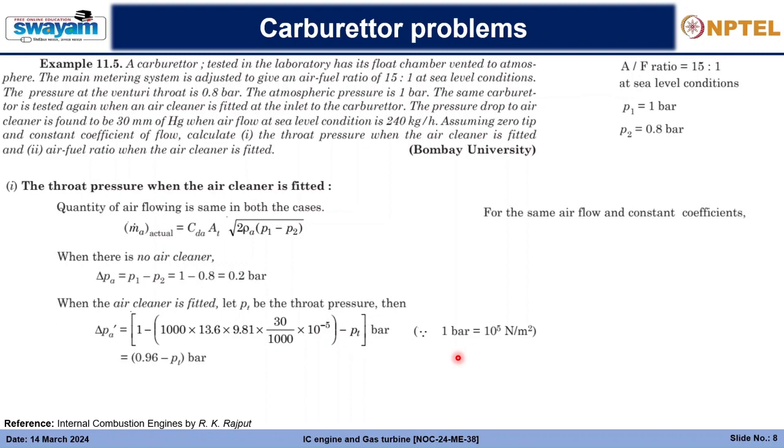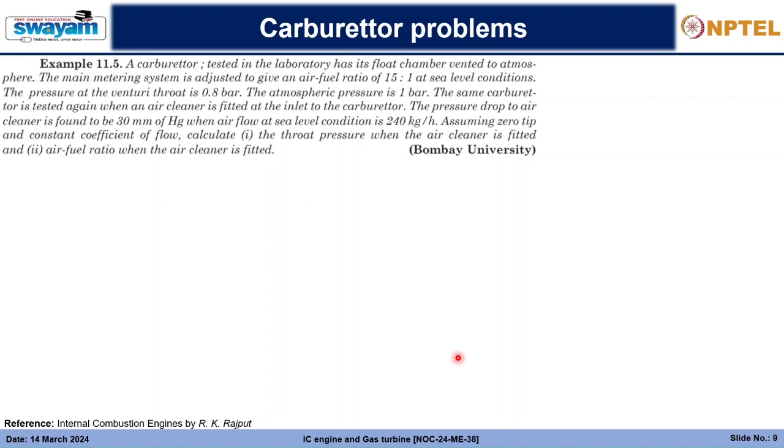For the same airflow and constant coefficients, we have delta PA equals delta PA dash. So we just substitute the values and we find PT equals 0.76 bar. So that was the case.